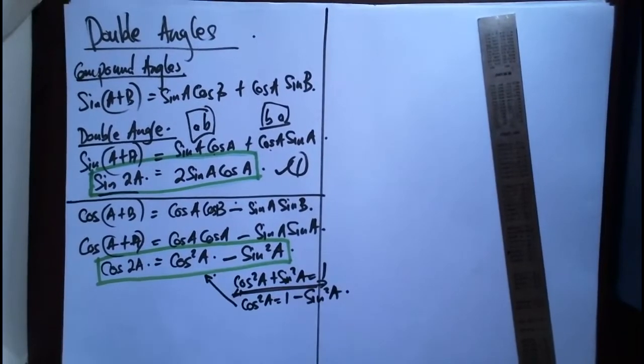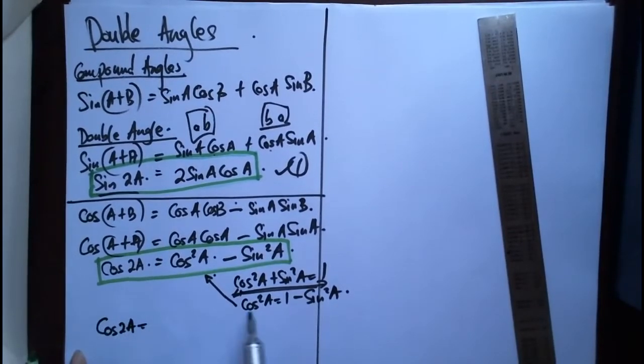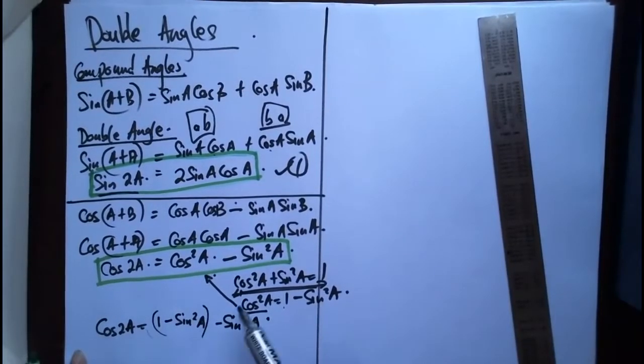So cos 2A is equal to 1 minus sine squared A minus sine squared A.